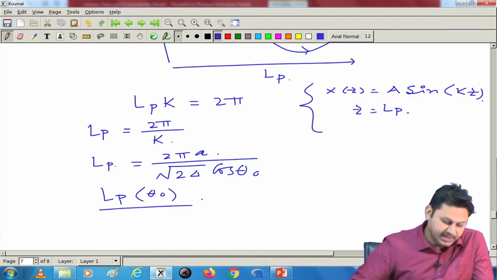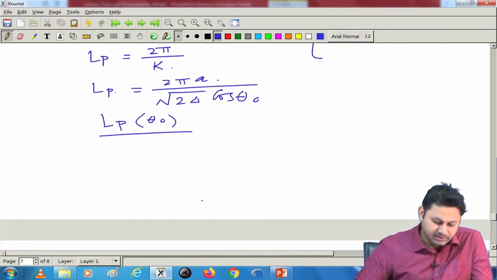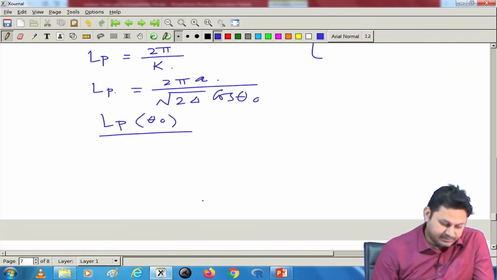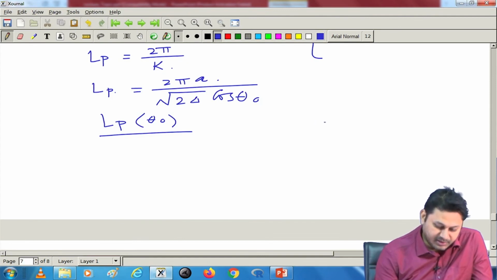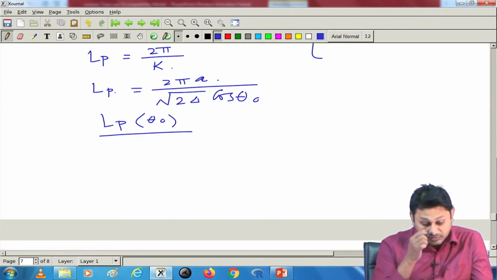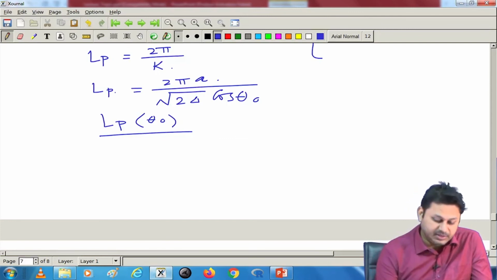So, if I launch light with different theta 0, then LP, the period, will also change. If theta 0 is small, then I have a larger period. If theta 0 is large, we have a smaller period, and so on.